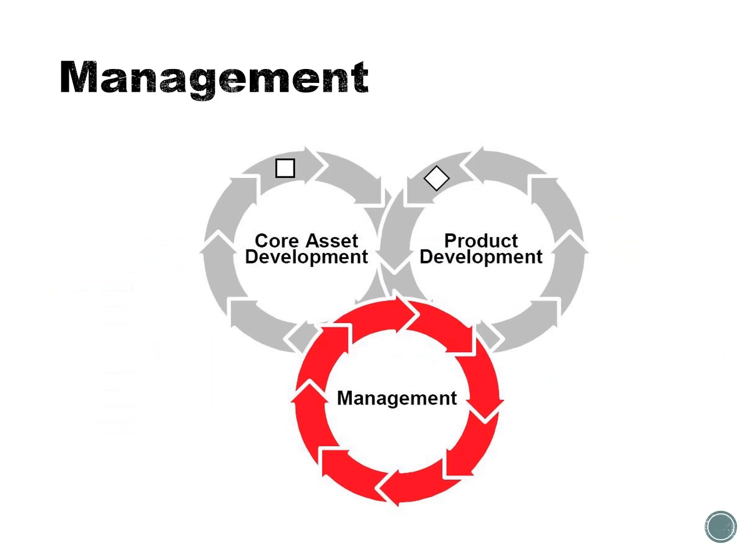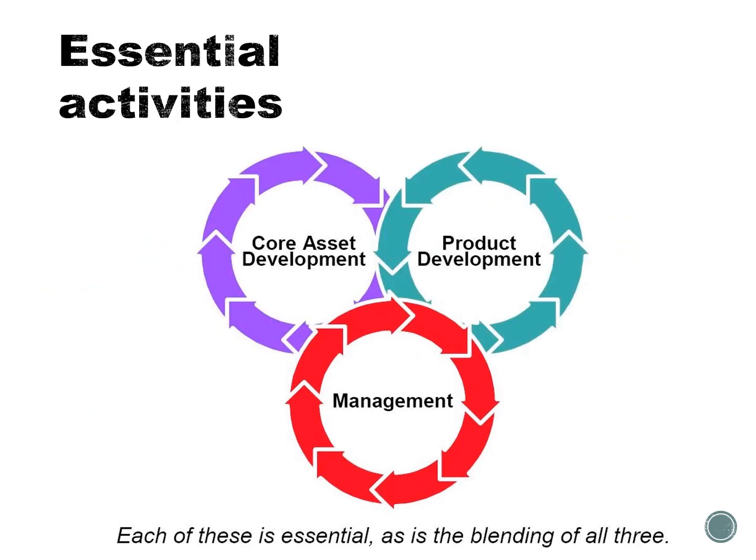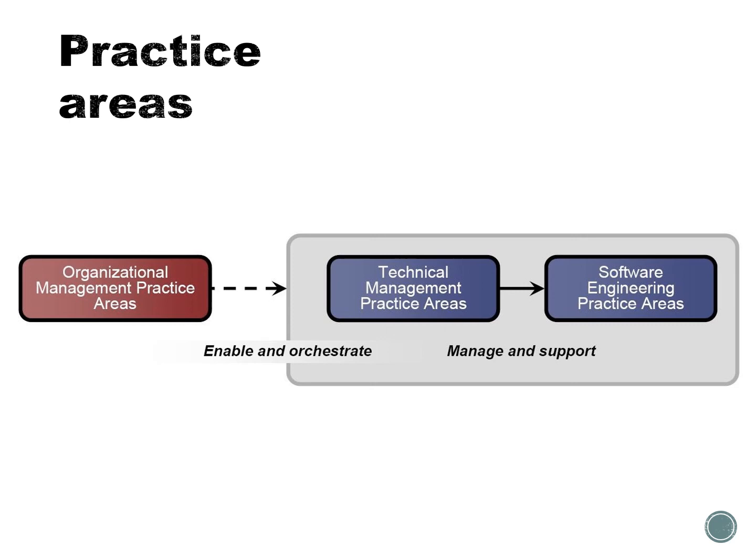Finally, in the management cycle, we do more or less all these things, but the management aspect here is to actually try to find new areas or new domains or new business areas in which we could create new products, or try to find funding or money or time or resources to do the development work for the new core assets.